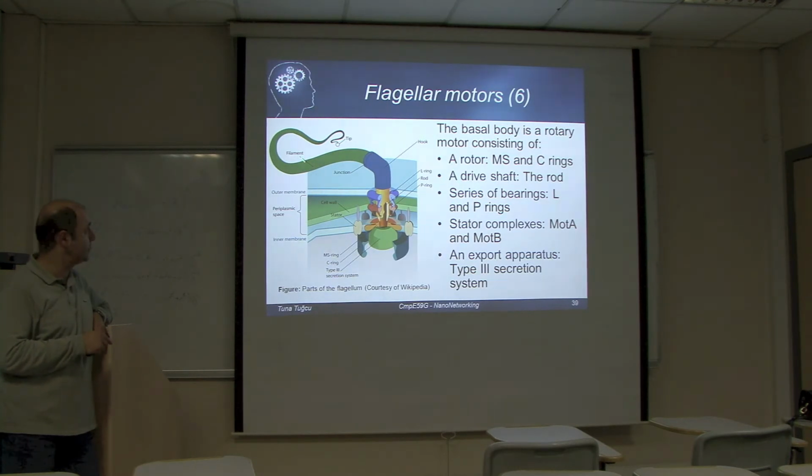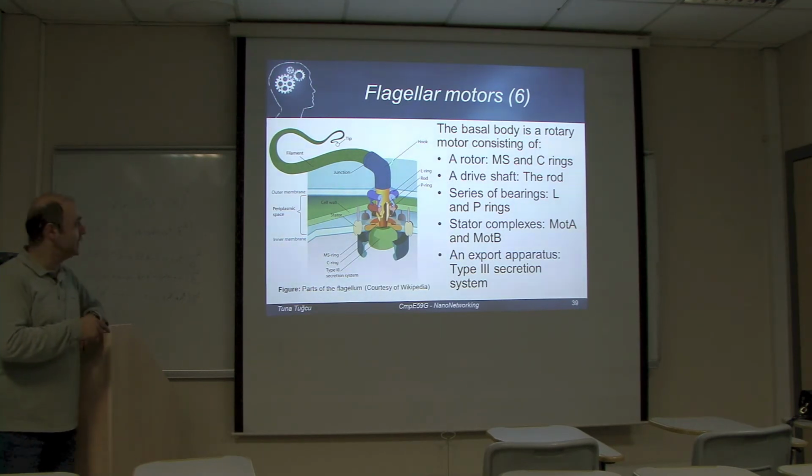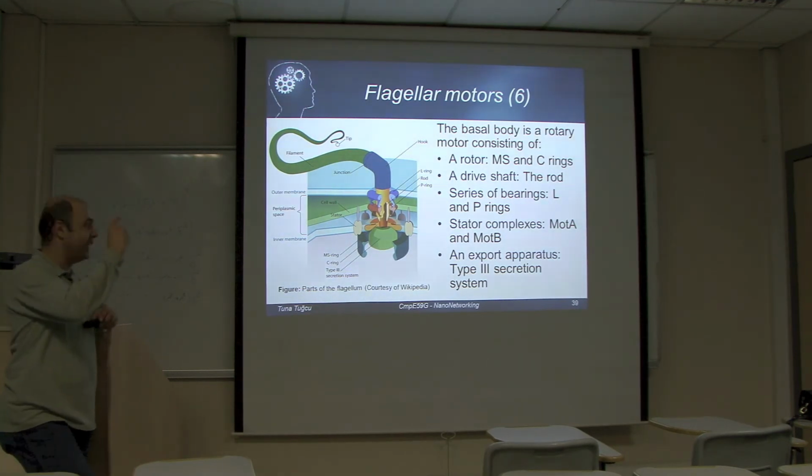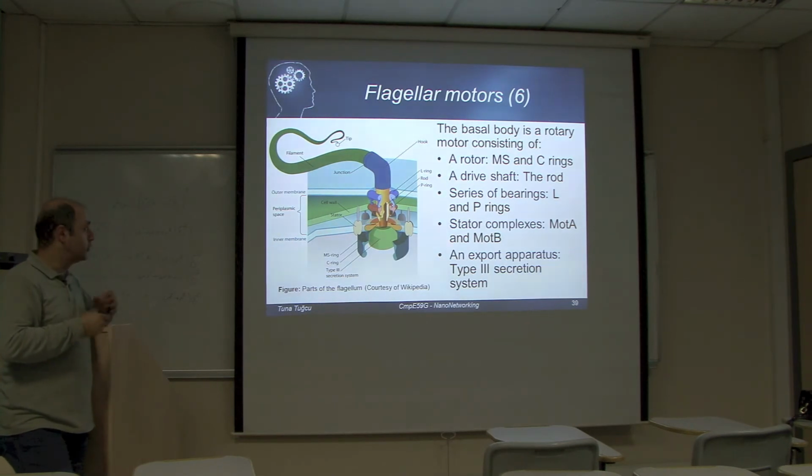The filament is this part. That's a long part. The hook is actually, by the way, if you look at it, this looks like a motor. The hook is holding the filament, attaching the filament to the body, and actually making it rotate with this 90 degrees structure there.